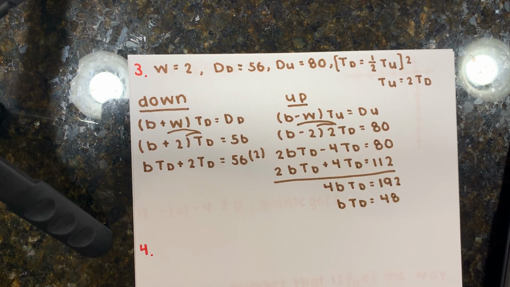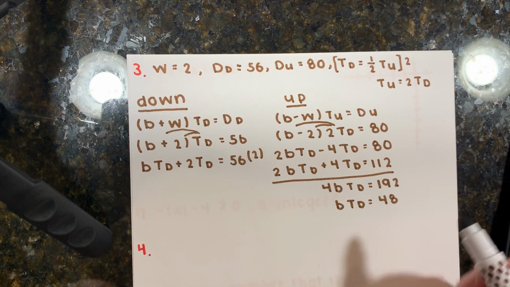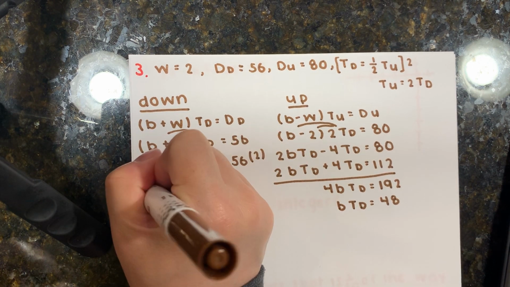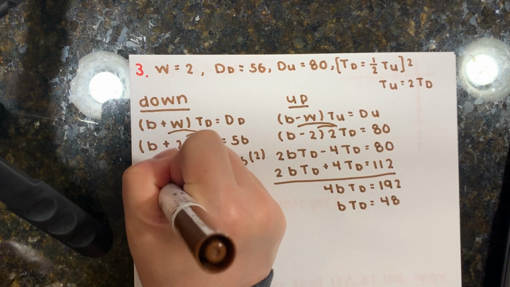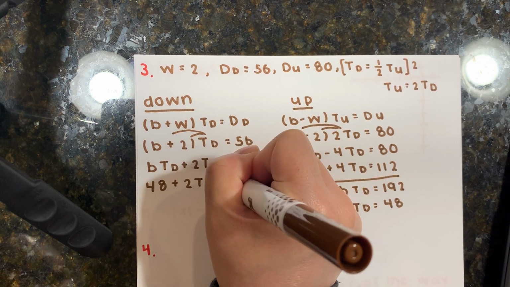But I'm trying to solve for just B. So what I would need to do is plug this in to solve for TD and then solve for B. I can take this 48, and that would be 48 plus 2TD equals 56.